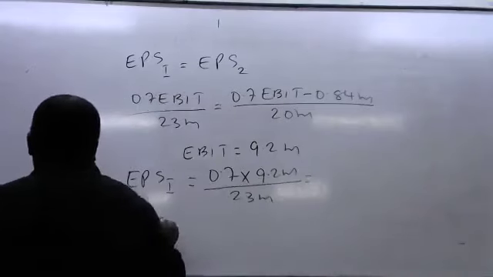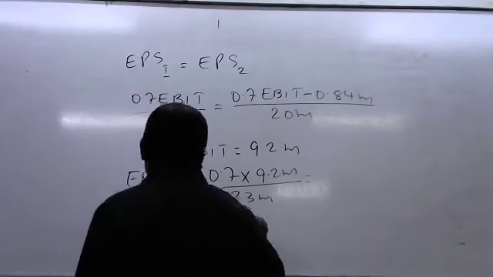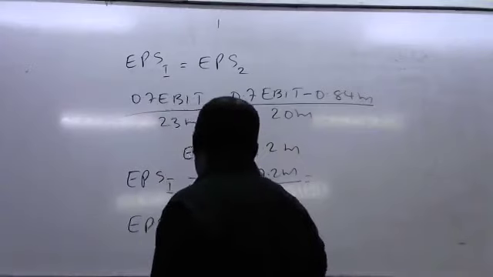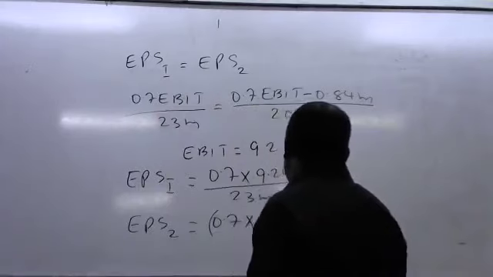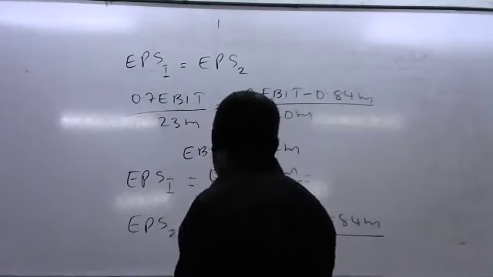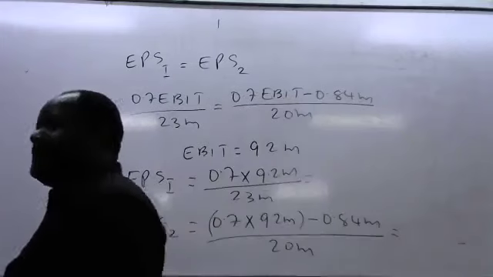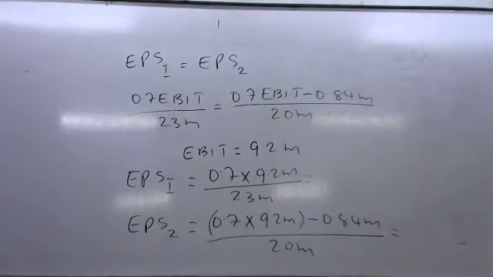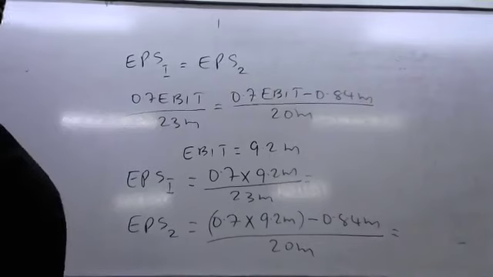Also, earning per share for option 2 will be 0.7 multiplied by 9.2 millions, then you subtract 0.84 millions, you divide by 20. They should give you the same figure, the same earning per share. So what should be your earning per share now?